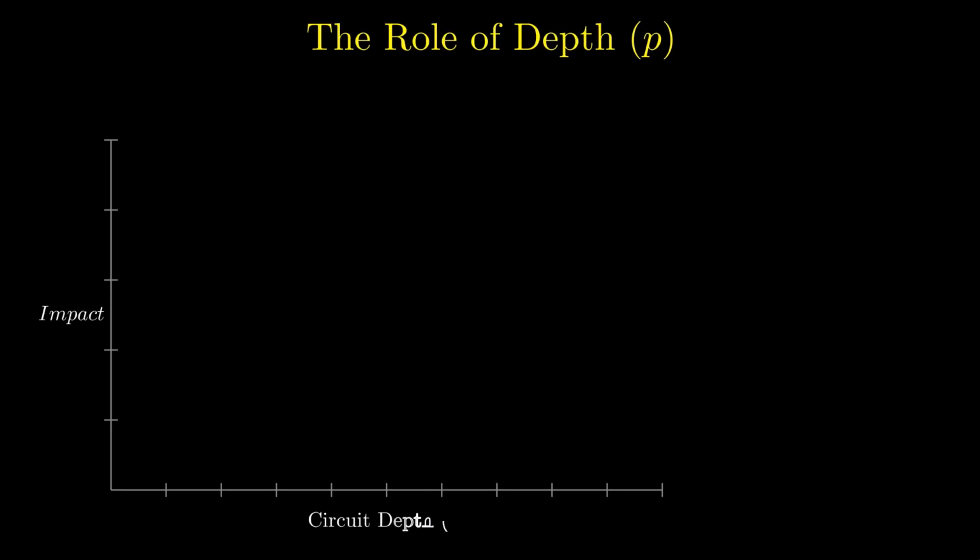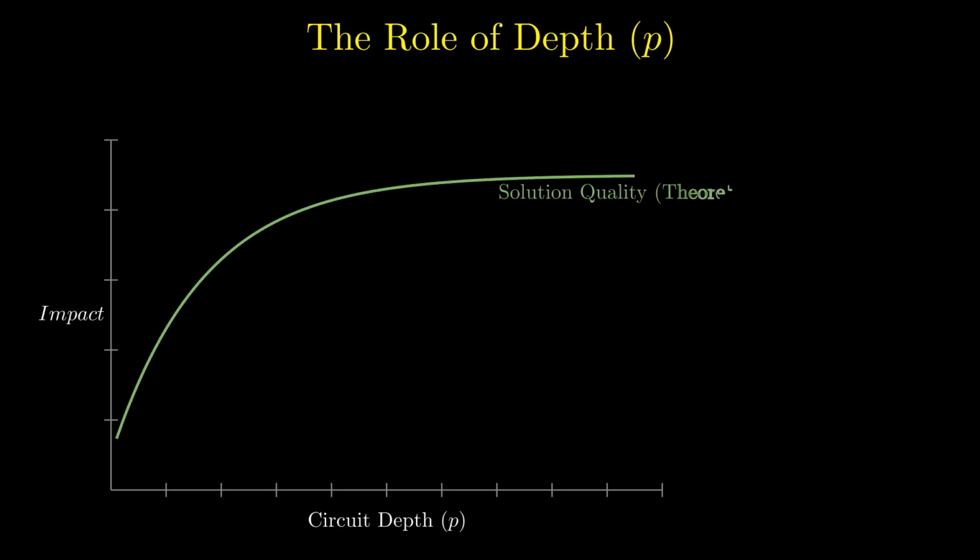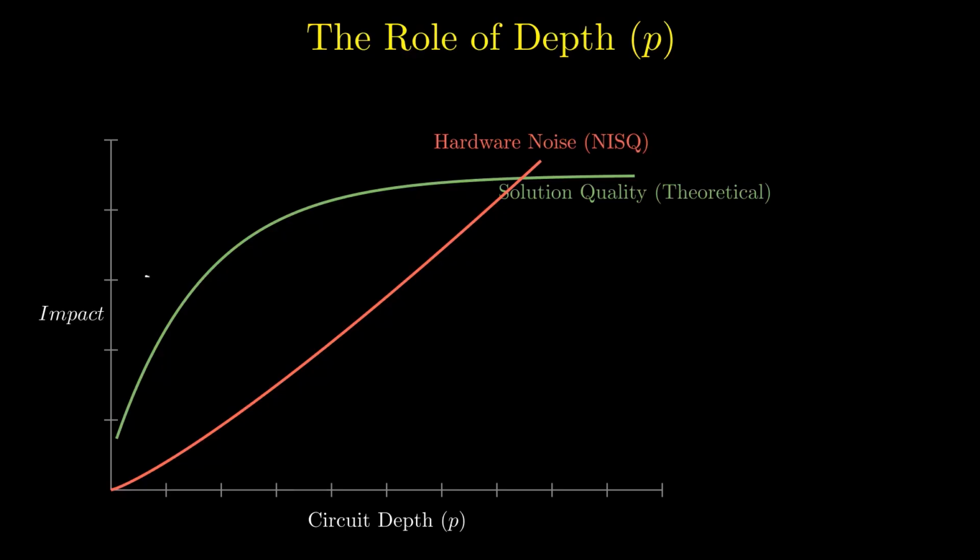The parameter P, which is the number of repeated blocks, is critical in QAOA. For P equal to 1, we have a shallow circuit, fast execution, but limited expressiveness. It is good for simple problems or noisy hardware. For P equal to 2 to about P equal to 5, we have a moderate depth. It balances performance and noise. It's common in practice.